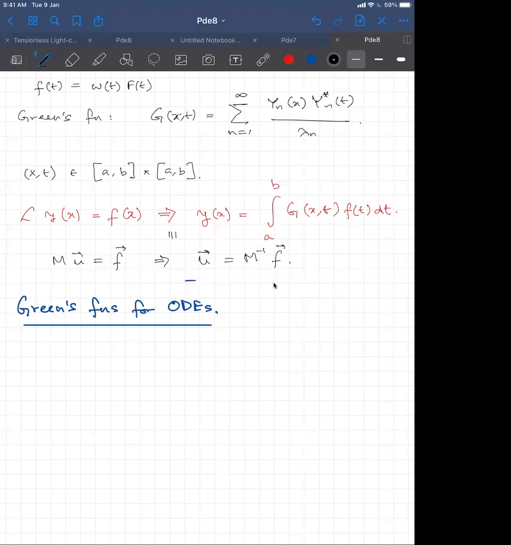Okay, as we said, we now want to look at Green's functions for ODEs, and consider a general second order linear differential operator on the domain AB.